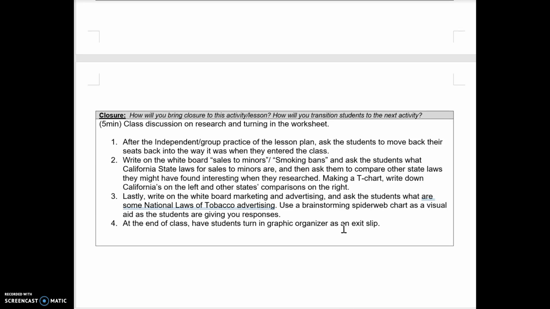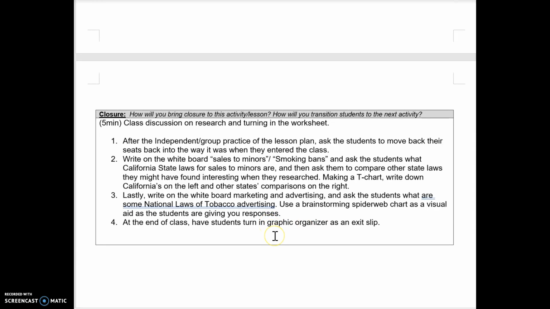So we'll make a little T-chart and do a comparison of California's laws versus other states' laws. Then we'll also ask the students about regulations on marketing and advertising, and then we will make a little brainstorming spiderweb chart as a visual aid of what the students learned. And then at the end of class, they'll turn in the graphic organizer as an exit slip. And that's it.